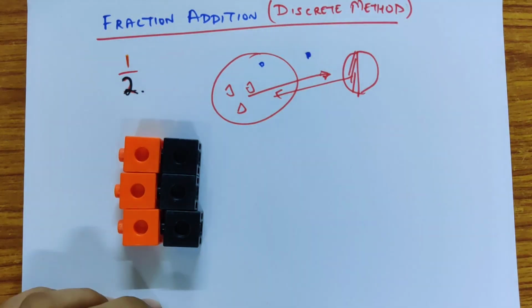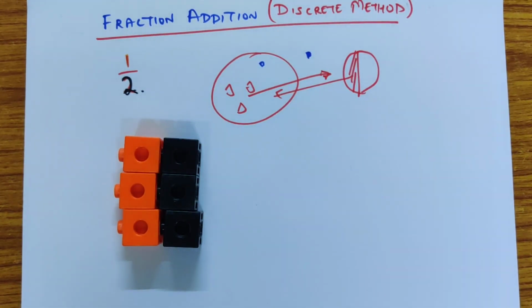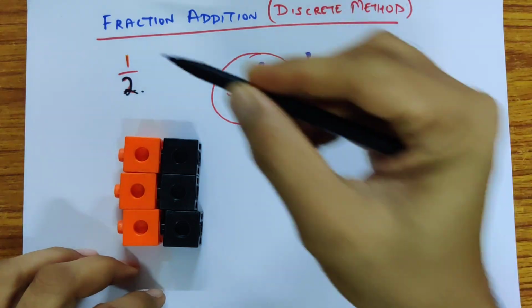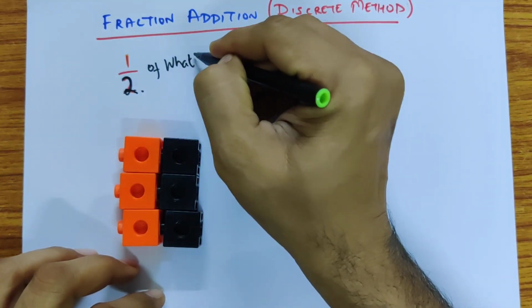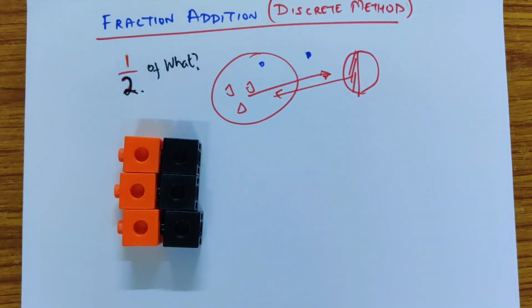So you don't want to add half a pumpkin with half a grape or something. So you always ask the question, what is the fraction of? Half of what? So as long as the total quantity is the same, I can do addition, otherwise I can't do addition. Simple as that, yeah? So half of what?